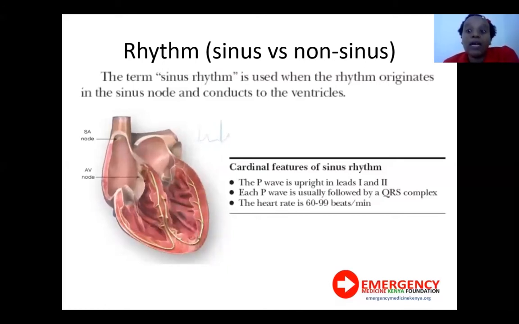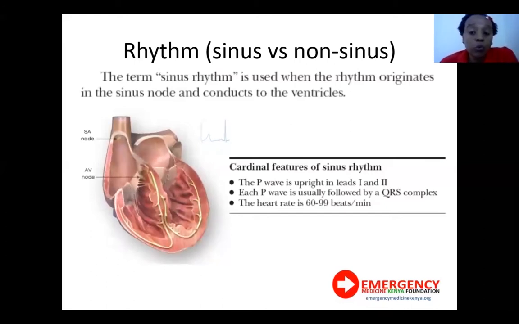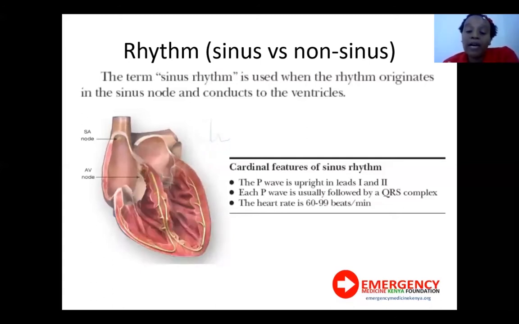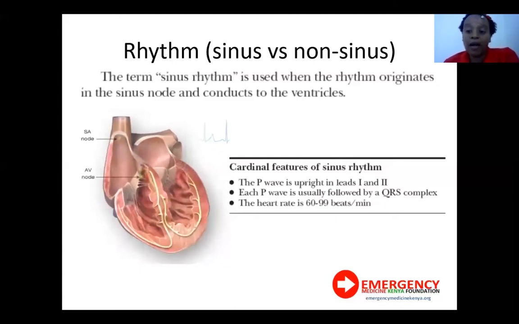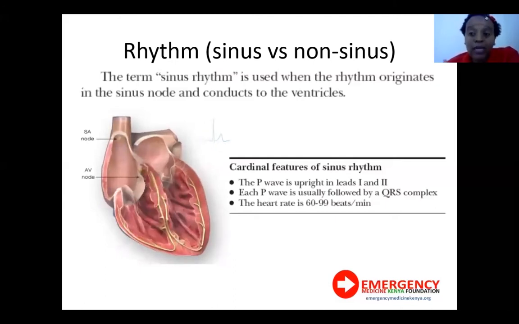But when you look at a normal sinus rhythm, the P wave should always be upright, as in lead 1 and 2. And then, as we've said, each P wave is usually followed by a QRS complex, to be able to know that it is actually a sinus rhythm.